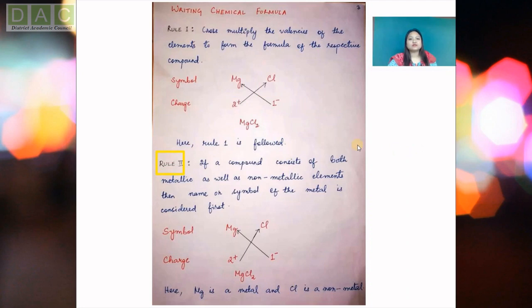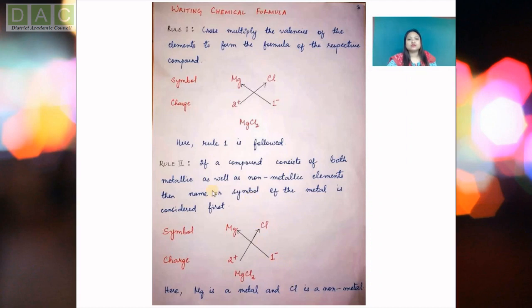Next we can see rule 2. In rule 2, if a compound consists of both metallic as well as non-metallic elements, then the name or symbol of the metal is considered first. Again we have the magnesium chloride example. Magnesium, Mg, has valency 2 and chlorine has valency 1.